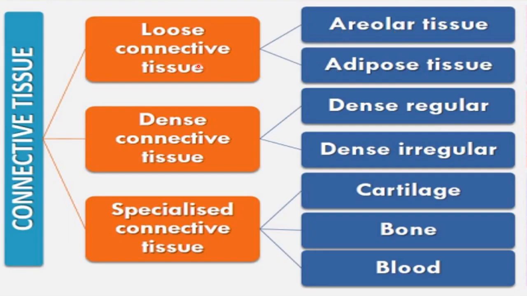These two are types of loose connective tissue. Then dense connective tissue can be dense regular tissue or dense irregular tissue. And there are three types of specialized connective tissue found in complex animals. These are cartilage, bone and blood. So let's start with loose connective tissue.